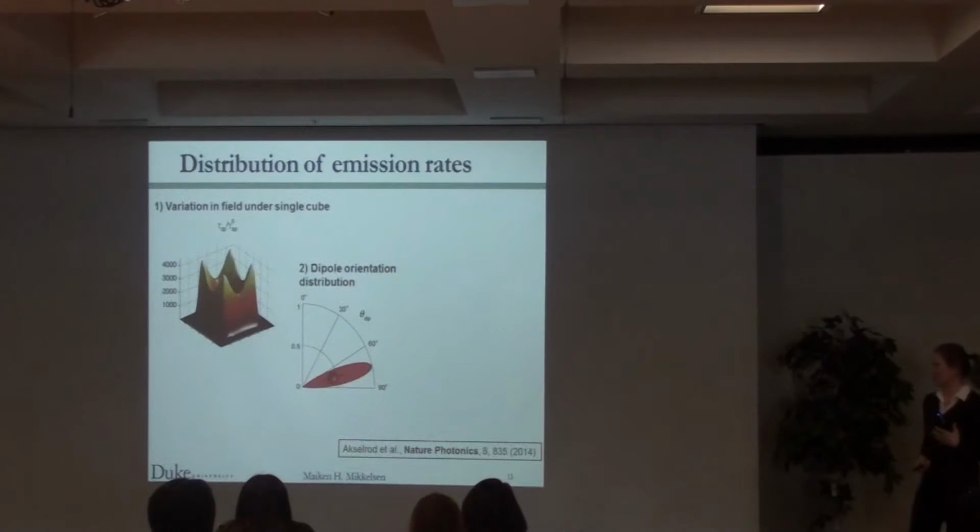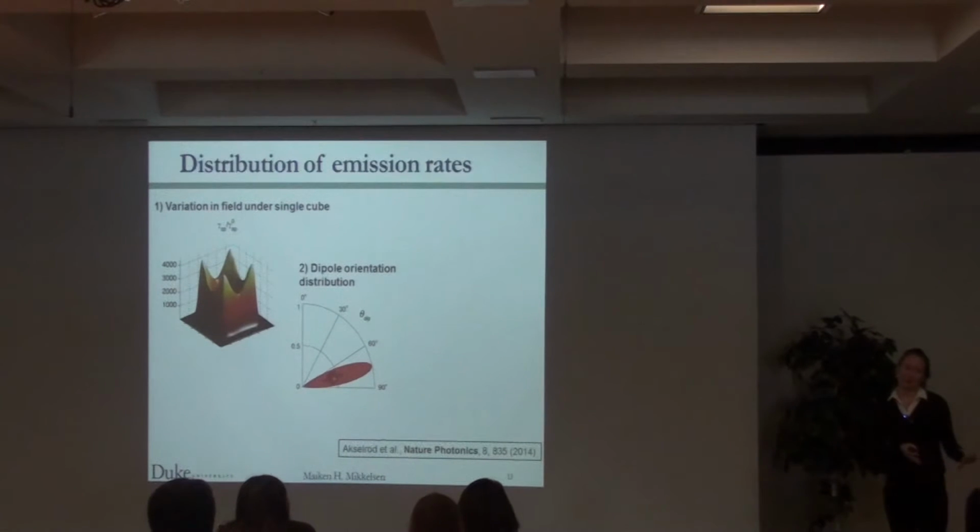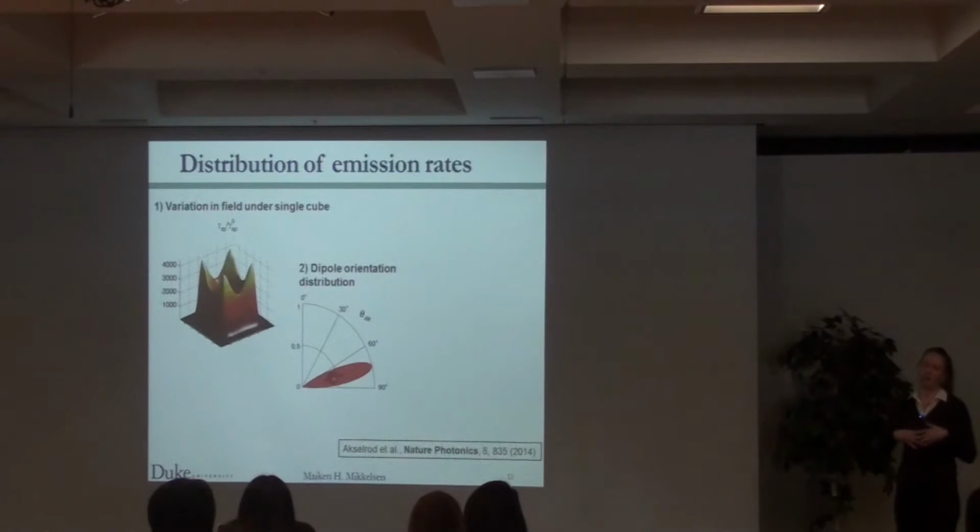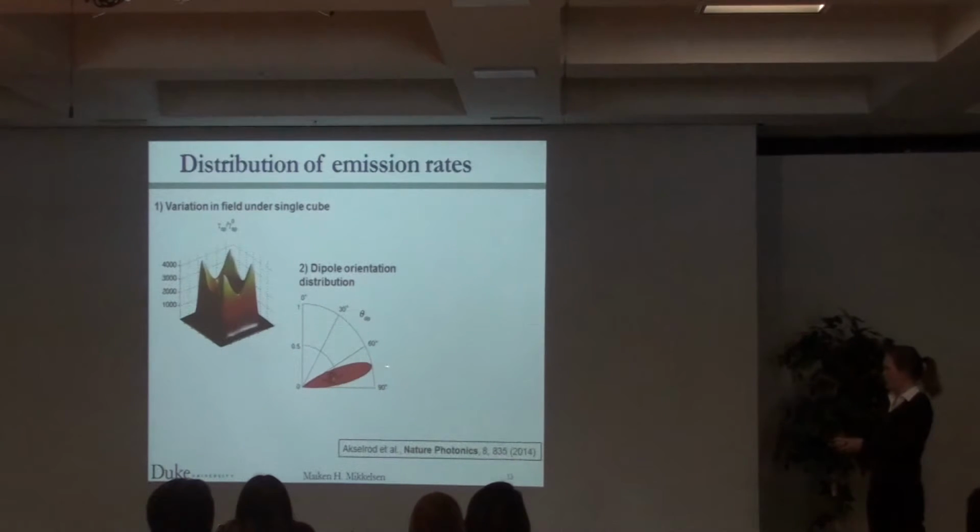It also turned out to be really important to do proper simulations of our structures to understand the dipole orientation of these emitters. So we ended up building a completely separate setup, varying the incident angle and the collection angle, doing a series of measurements and then a global fit to all these measurements. From that, we could extract the average distribution of the orientation of these dipole molecules.